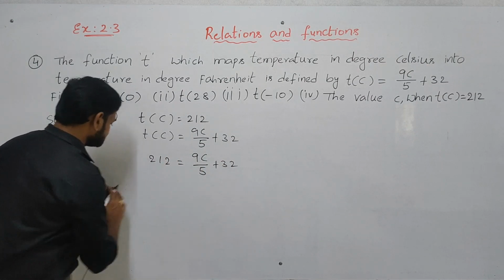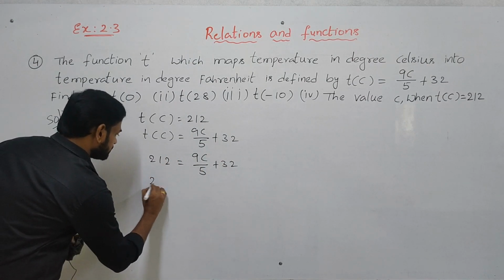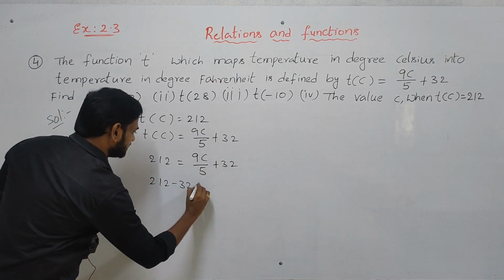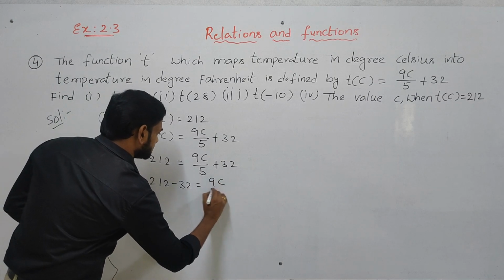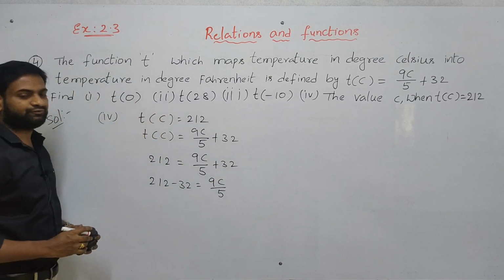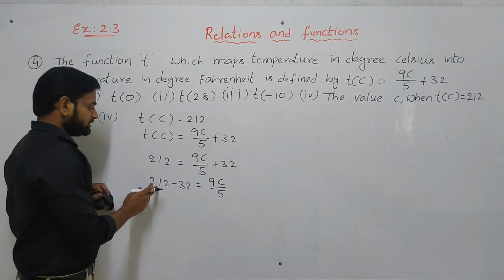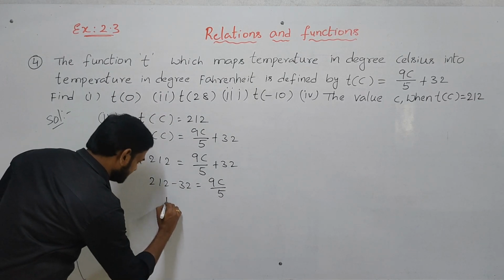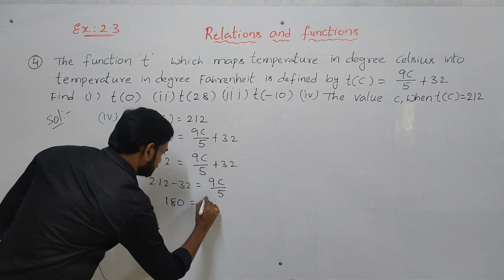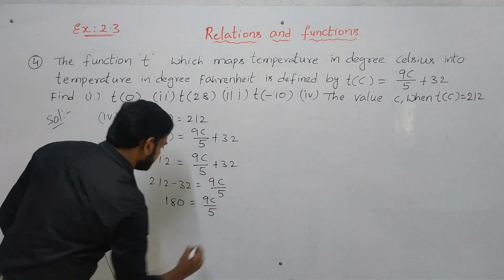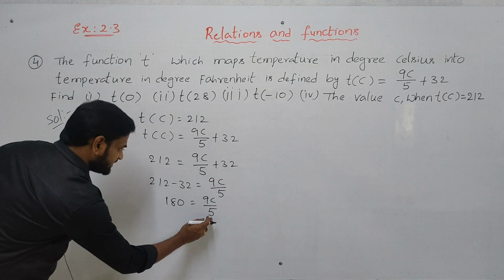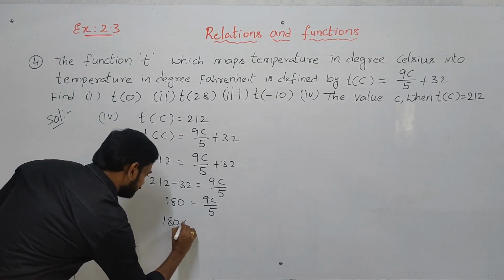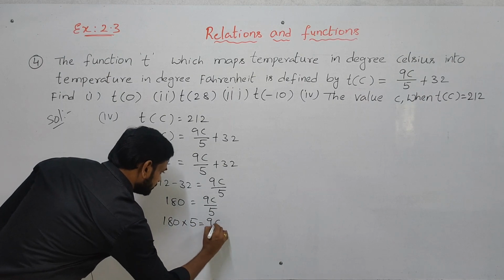So it will be 212 minus 32 is equal to 9c by 5. Now 212 minus 32, that is 180, is equal to 9c by 5. Next, send 5 to this side.